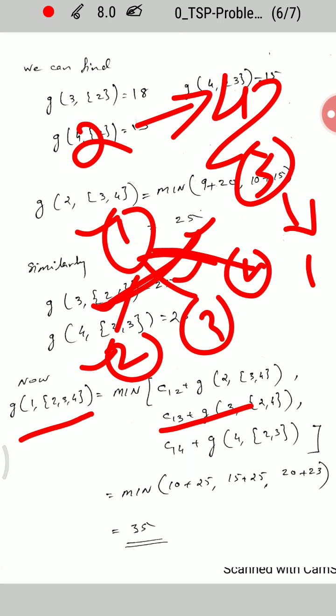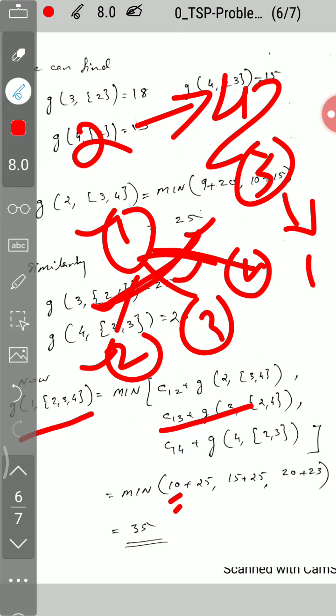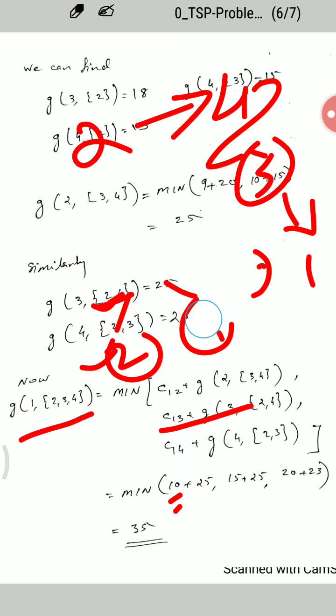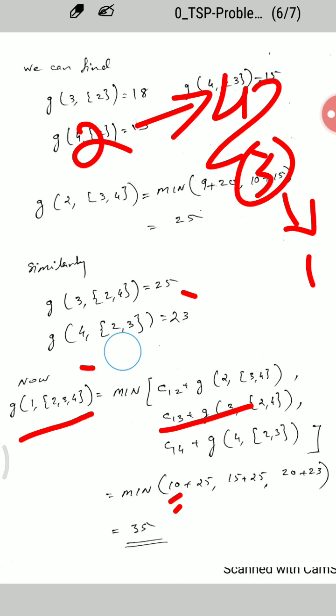Now we have calculated all these values, we can substitute. C12, the edge cost, is 10, and G(2,{3,4}) we have already calculated, equal to 25.